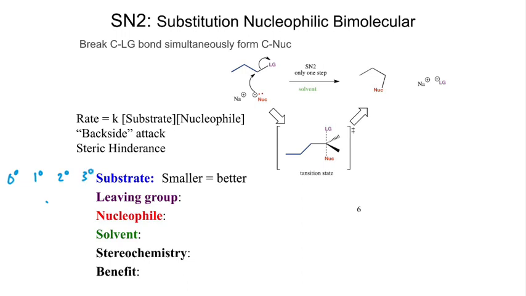Under the SN1, we said we wanted tertiary. Why? When we say SN1, we say carbocation. Positive charge, we need more electrons to stabilize it. So we want the tertiary because there's more electrons around it. But tertiary is now very large.